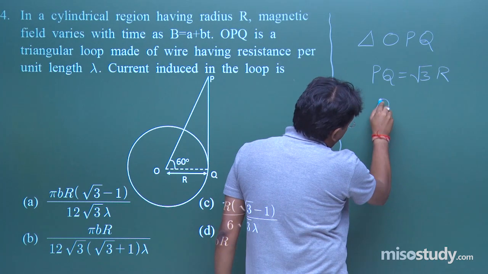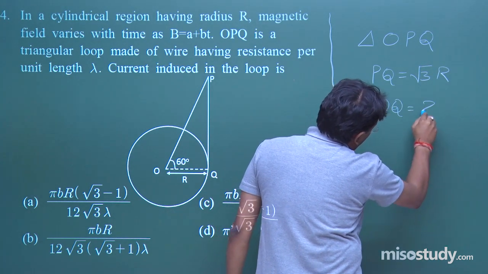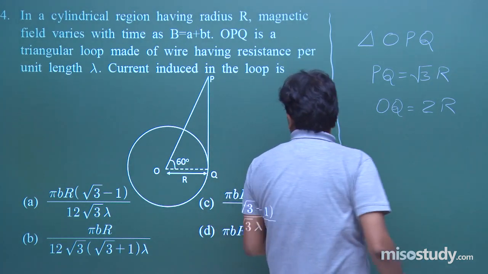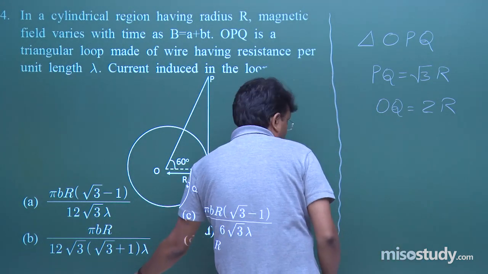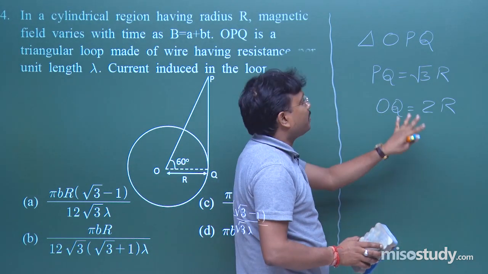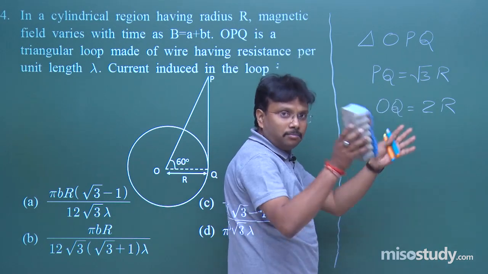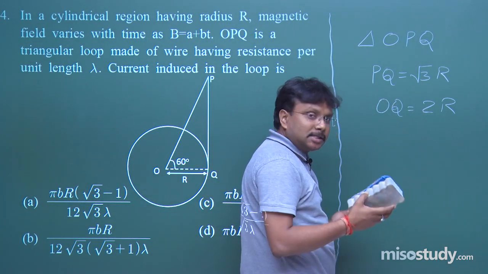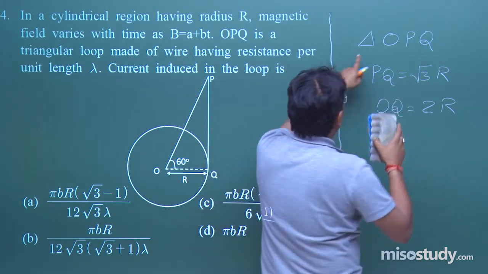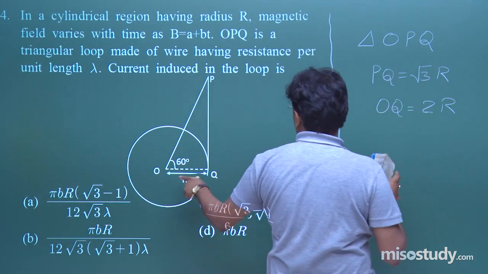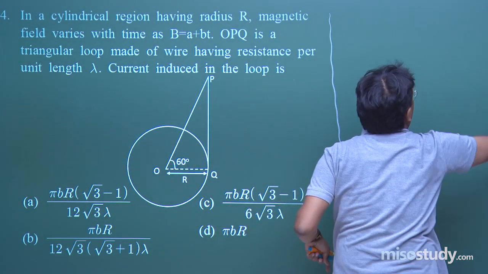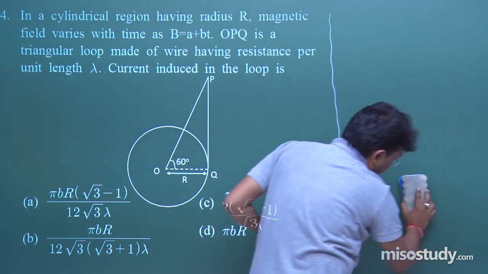And OQ is equal to 2r. So these two values. Now as such there is no difficulty in understanding this situation, but I hope it is going to be part of your video, so you will repeat it and revise it whenever required. Take a look at this diagram. The triangle is clear and the values are given. This angle is 60 degrees. Now I am cleaning this portion. It was the initial introduction.